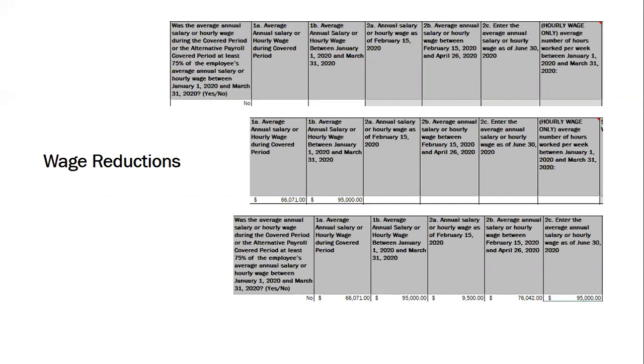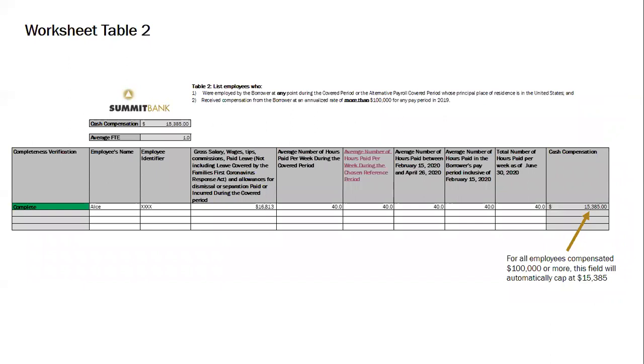So we put in information for 1A and 1B, and again, we're met with more cells to fill out about Brad. And this is because we reduced his salary more than 25%.